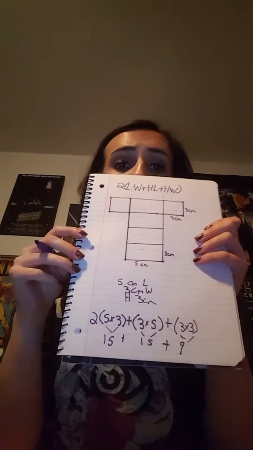If you need to get out your calculators, that's fine, but I think a lot of this simple math we can do in our head, because 5 times 3 is 15, 5 times 3 is 15, and 3 times 3 is 9.